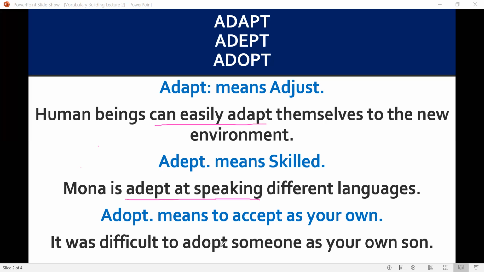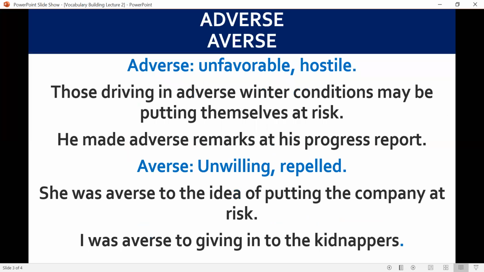It is difficult to adopt someone as your new son. So these are three different words with three different meanings that have the same pronunciation. So there needs a sense to understand the meaning and the context in which these words have been used.